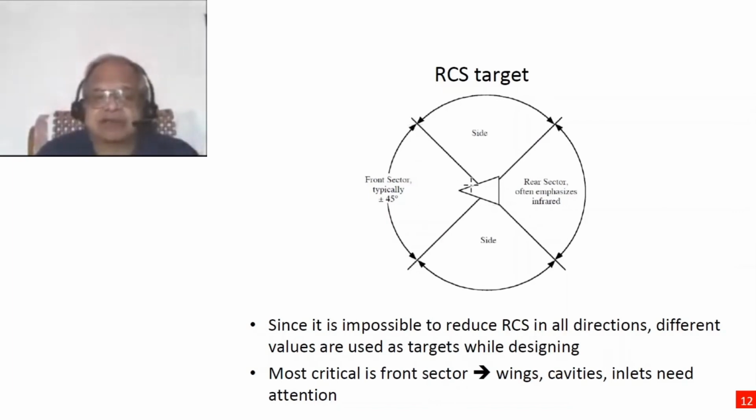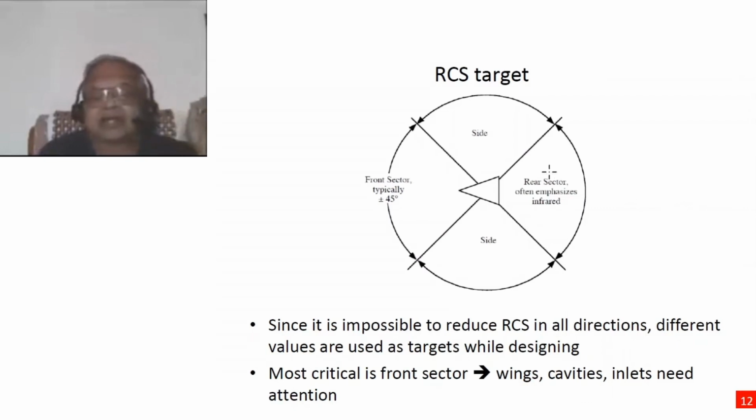If you take a 45-degree angle from this front sector, this will cover whatever radar waves are coming from the ground, as I show here, from ground stations, or from AWACS. AWACS are airborne early warning aircraft which stay at a very high altitude and also detect incoming aircraft. So generally, the front sector, plus or minus 45 degrees, is something where you would like to minimize the radar cross section.